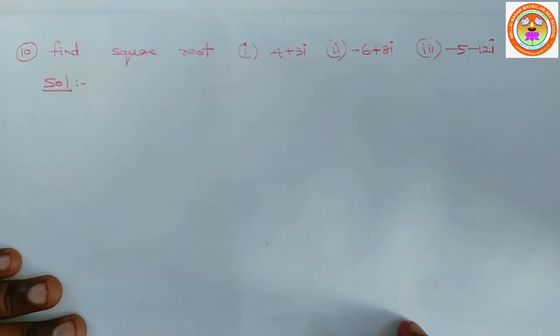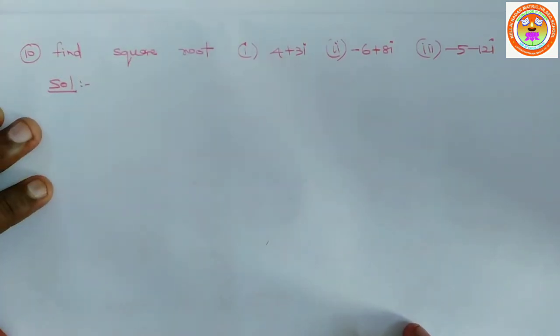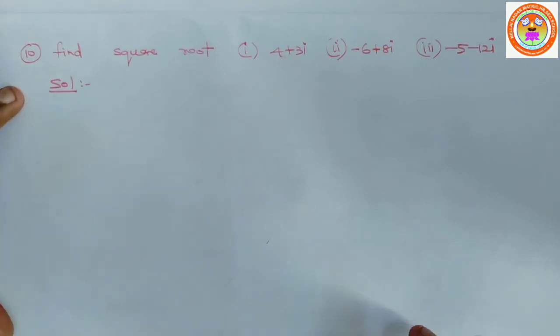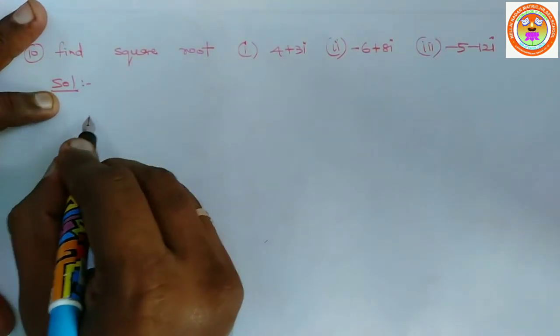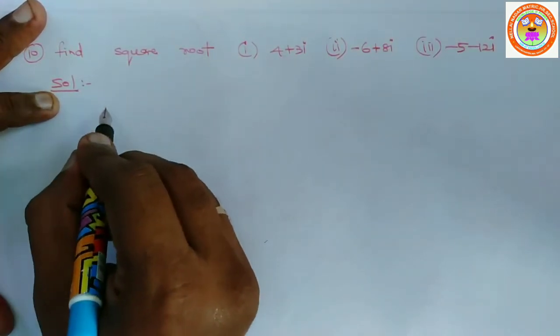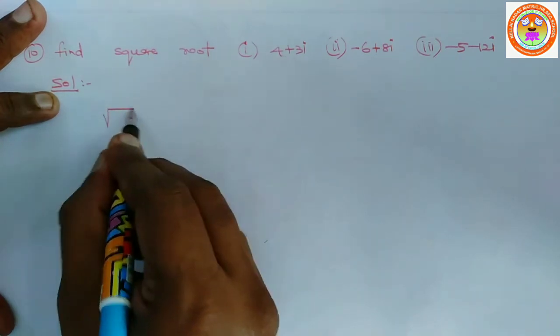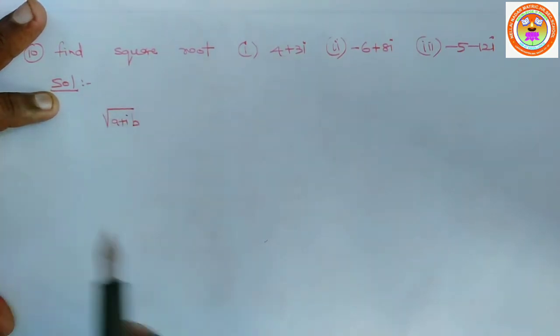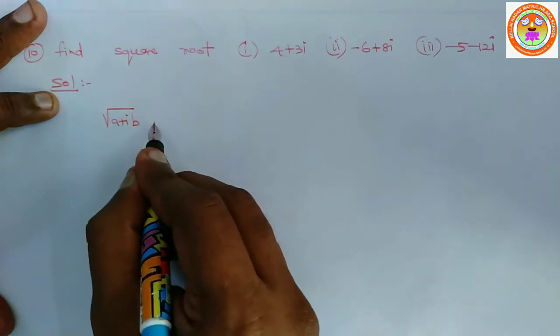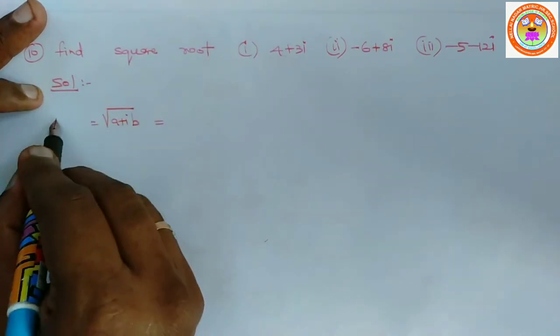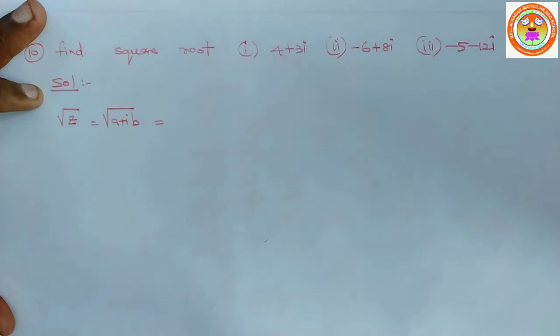The last sum in this exercise: find the square root of the given complex numbers. First, we write the formula. Square root of a plus ib, which is nothing but square root of z, otherwise you can write modulus of z.